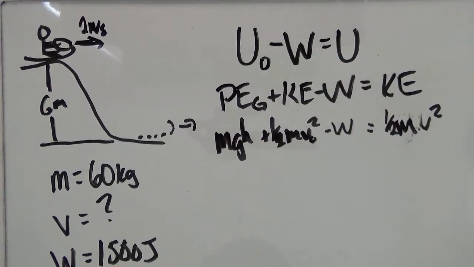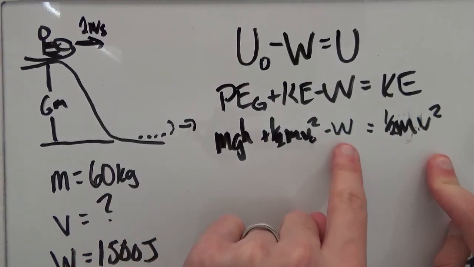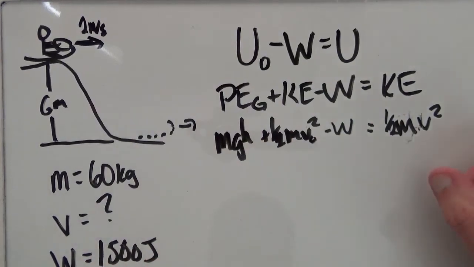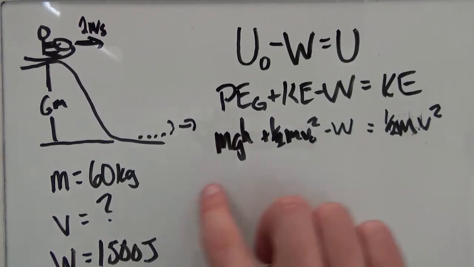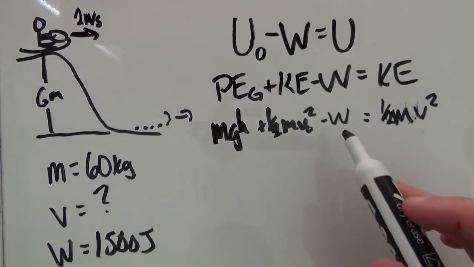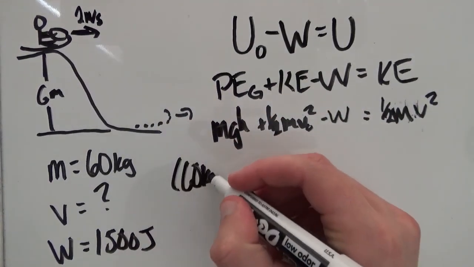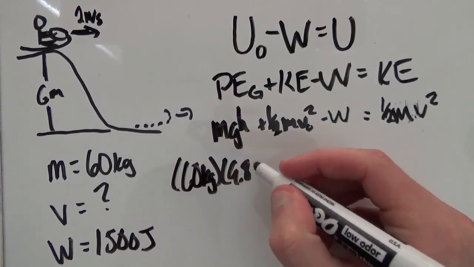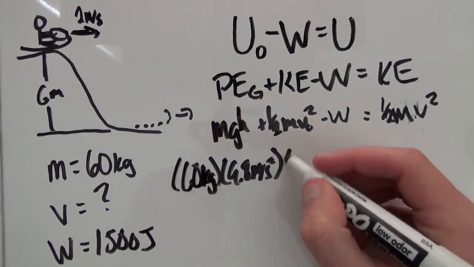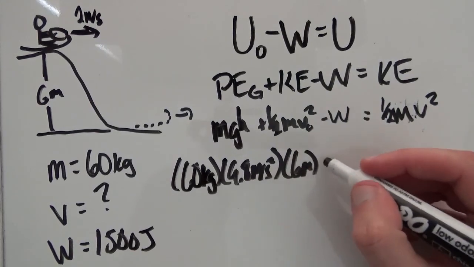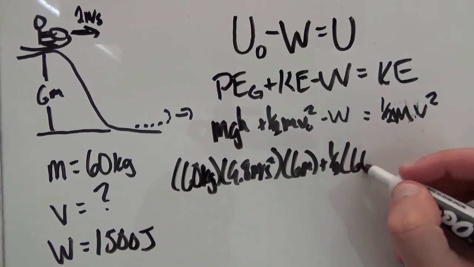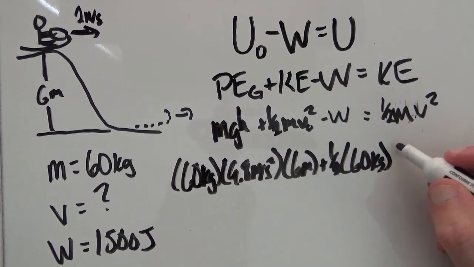All right, so we're ready to plug in. Notice you can't cancel out masses here, right? Because this term doesn't have an m with it. If you feel like you're going to screw that up with the algebra, just never cancel the masses out and be safe. But in this case, masses do not cancel out because this does not have an m. So we plug. Mass is 60 kilograms. g is 9.8 meters per second squared. Our initial height is 6 meters, plus 1/2 times the mass, which is 60 kilograms, times our initial velocity squared.